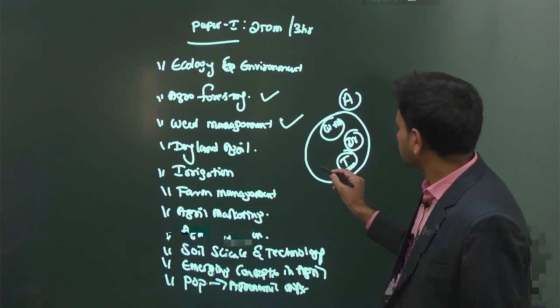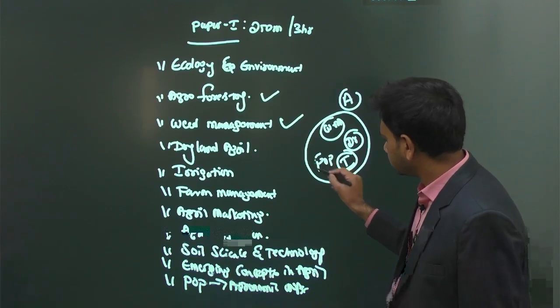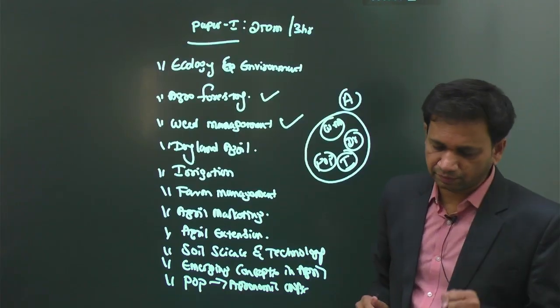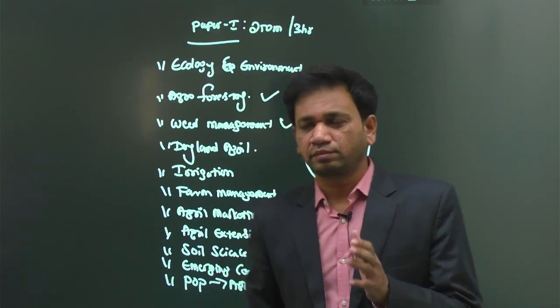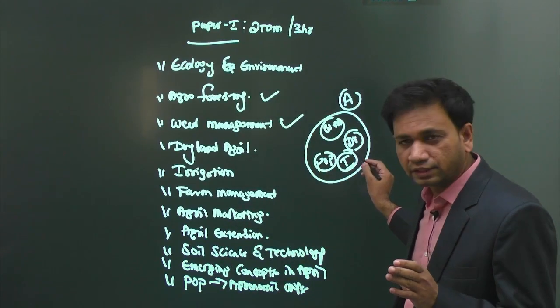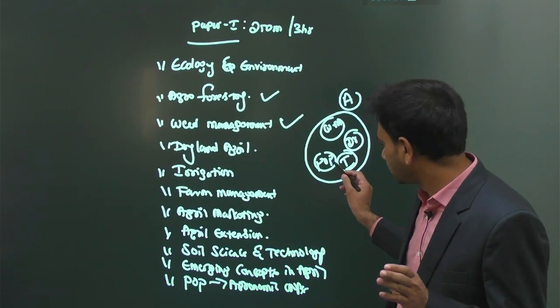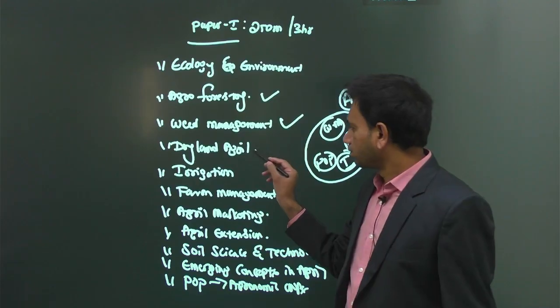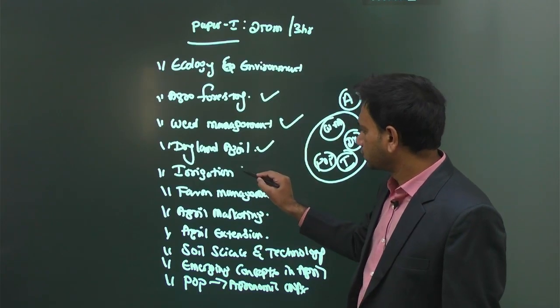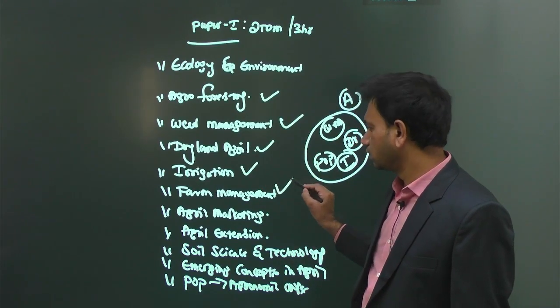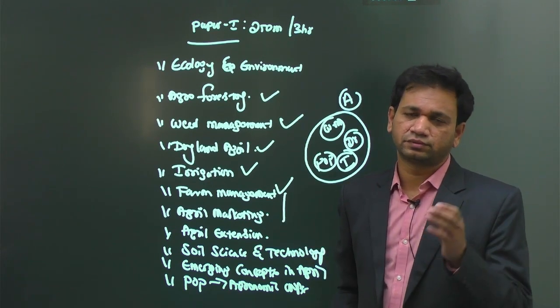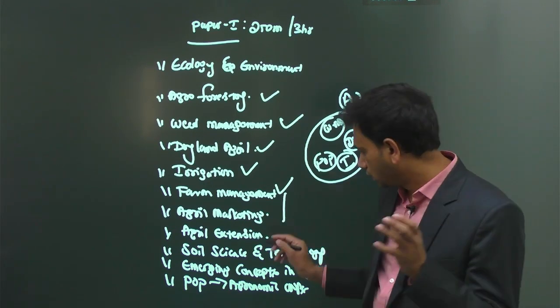Then we have the package of practices for the major agronomic crops. For study purposes, we have divided agronomy into weed management, dryland agriculture, irrigation, and the package of practices for the major crops. Then we have agriculture economics, with two subjects: farm management and agriculture marketing.